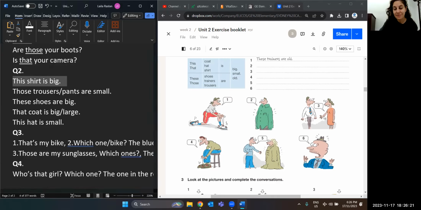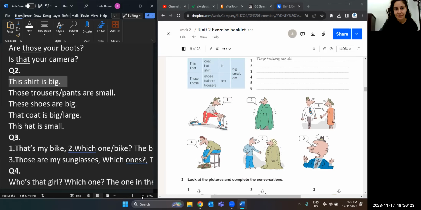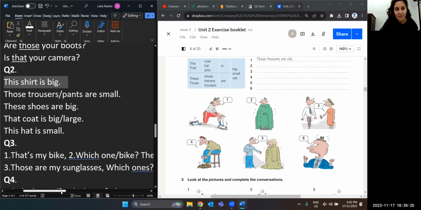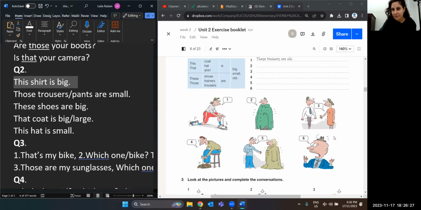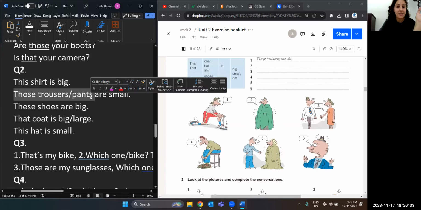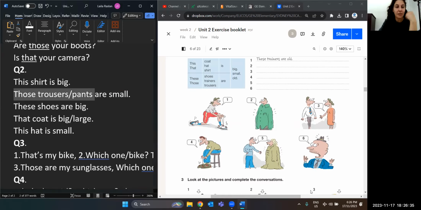Number three, those trousers or pants, because we can say trousers or pants, they're both common, are small. Now, even though it's one object, it has a plural ending. So we need to keep it all together in the plural.